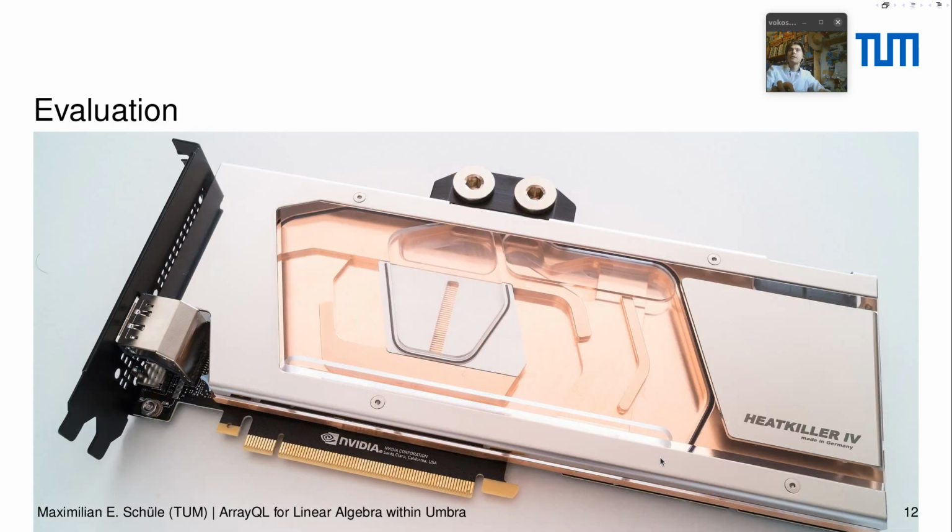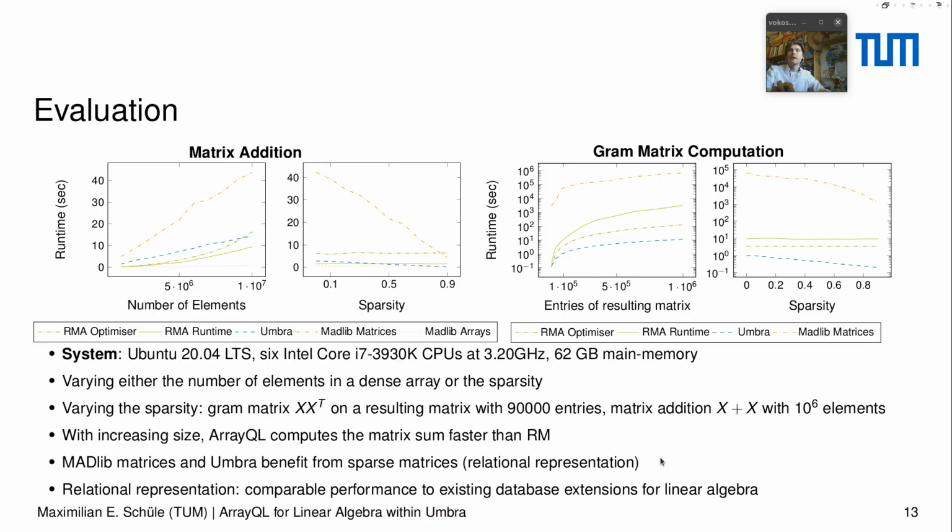Let's come to the evaluation. We evaluated on an Ubuntu machine with 6 CPUs and 62 GB of main memory. We varied either the number of elements in a dense array or the sparsity. When varying the sparsity, Gram matrix computation happened on a resulting matrix of 90,000 entries.